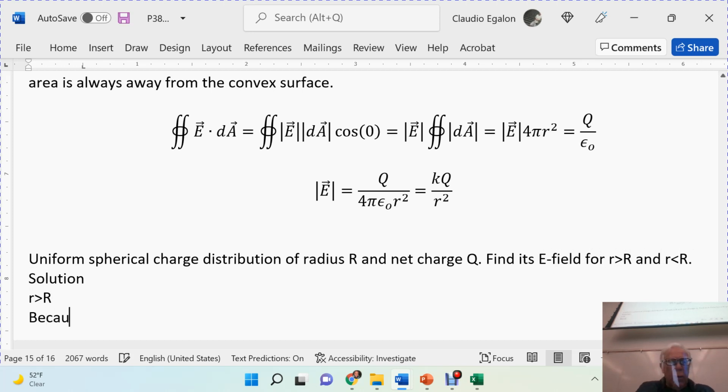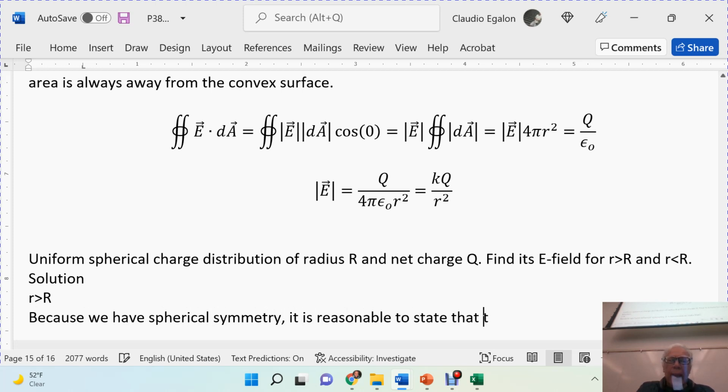Because we have a spherical symmetry, it is reasonable to state that the field will be in the radial direction.